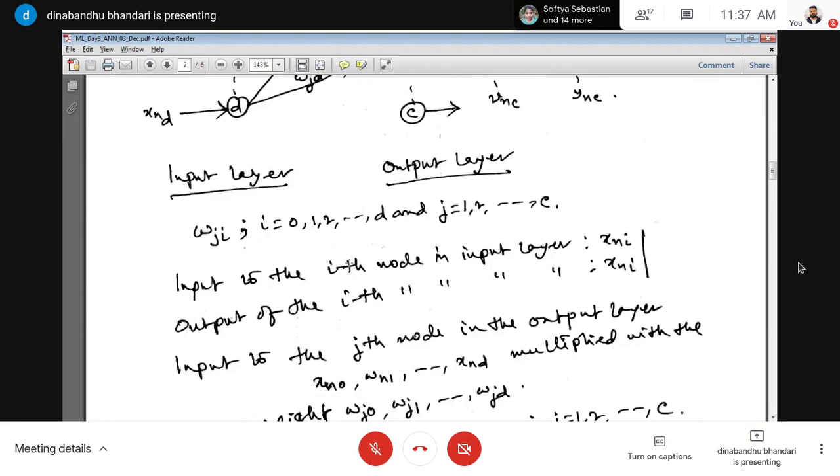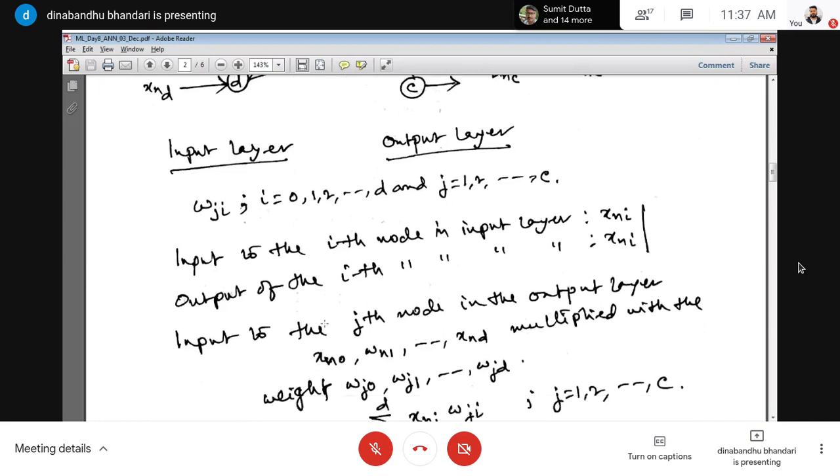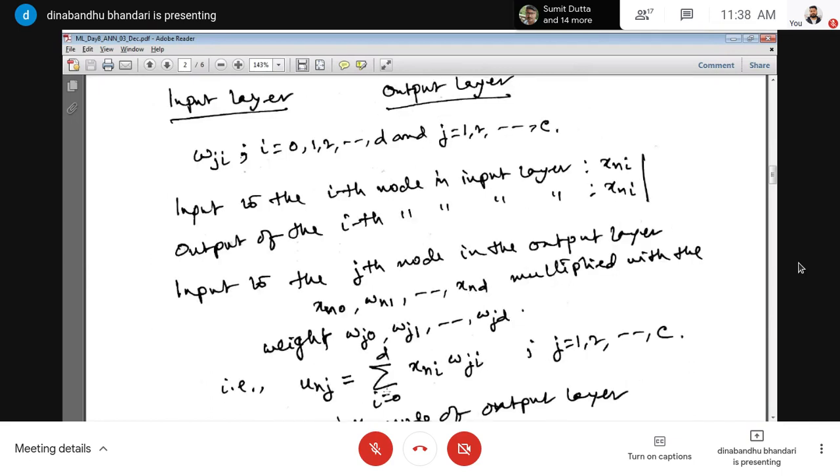Now the input to the jth node in the output layer is xn0, xn1, xnd, multiplied with the weights wj0, wj1, wjd, as we have said. Suppose the total weighted sum, we denote as unj. That means for the nth data point we are feeding, what is the total input in the jth node? That is the sum of xni into wji.